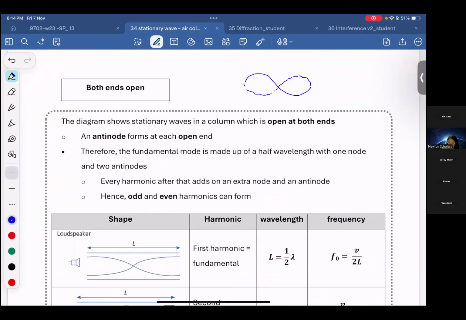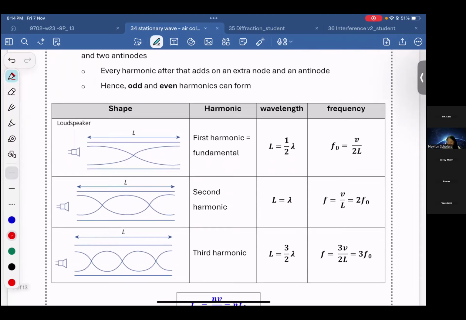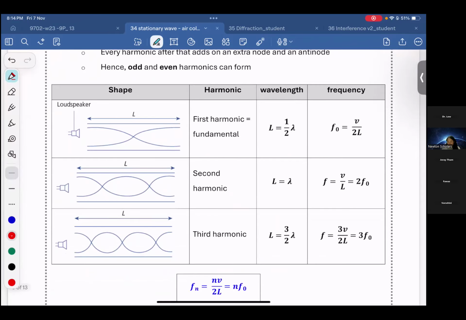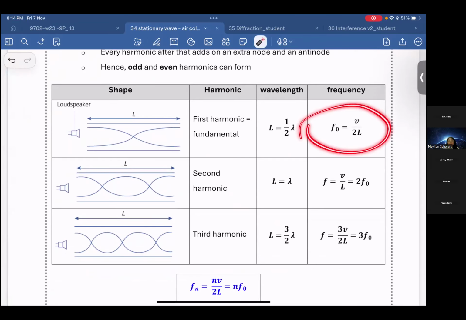From anti-node to another anti-node, that means from here to here, this is half wavelength. So if we do substitution for the wavelength, then we get the frequency like this. Same thing. It's just how we identify how many wavelengths are in the length.